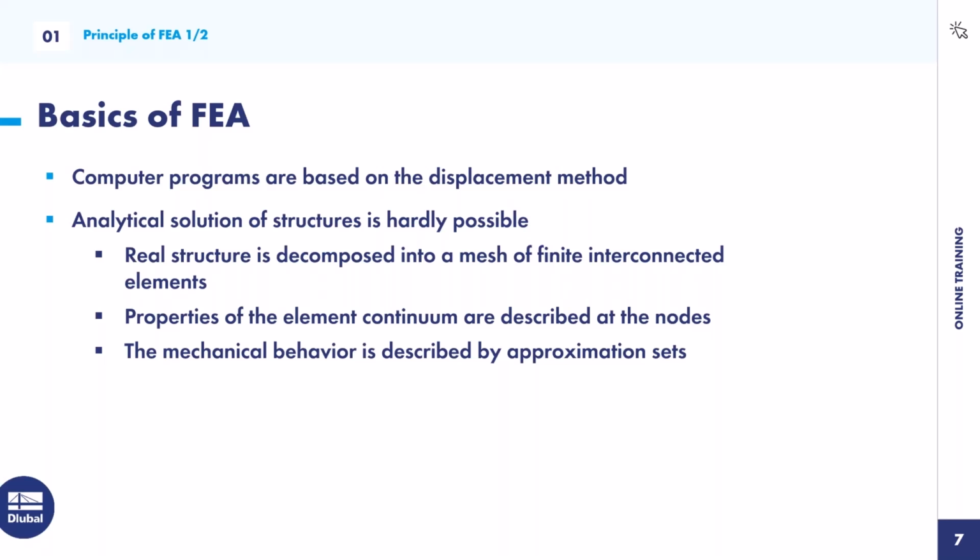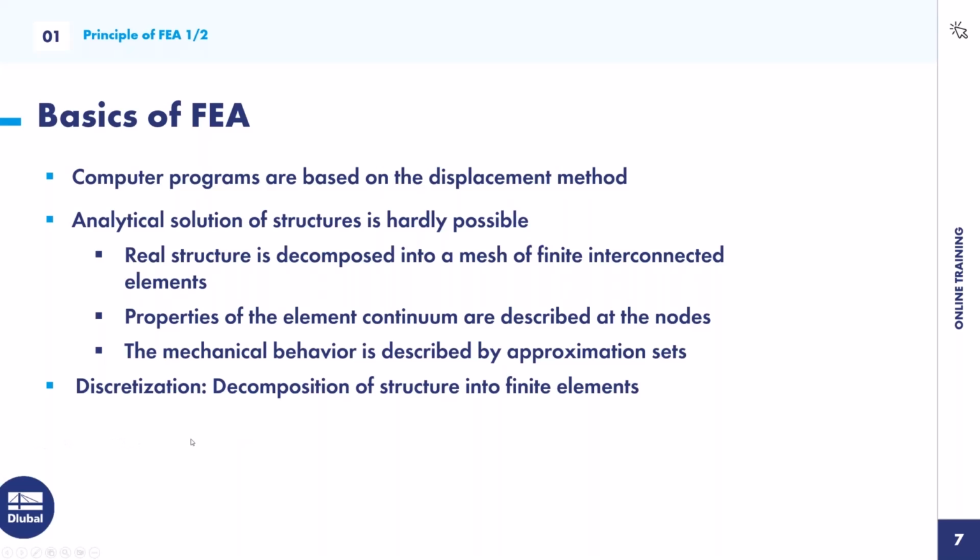The next thing would be the discretization. This is an important term in the finite element analysis. The discretization means that the structure itself is decomposed into these finite elements, into these small elements.